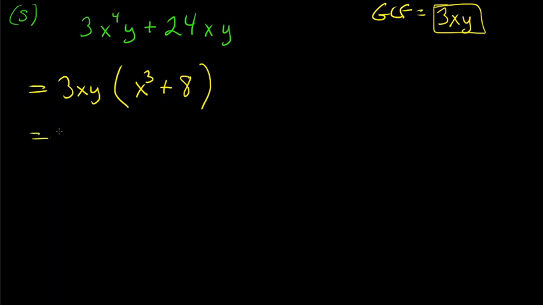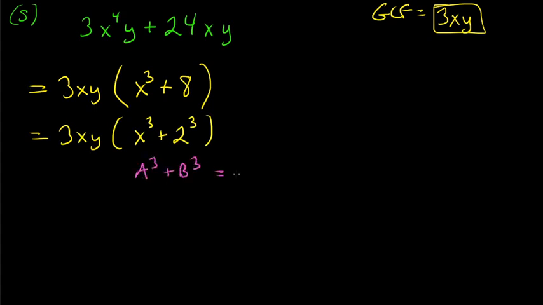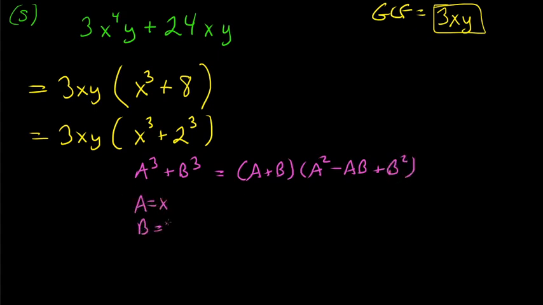However, at this stage, you should recognize that 8 is a perfect cube, right? It's 2 to the power 3. So we're going to use the same a cubed plus b cubed, right? That's just a plus b times a squared minus ab plus b squared. In this case, a is x, b is 2.